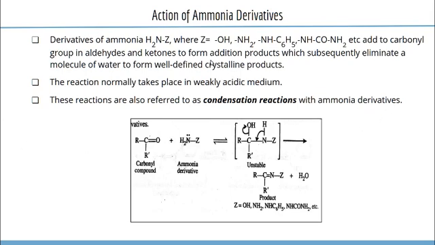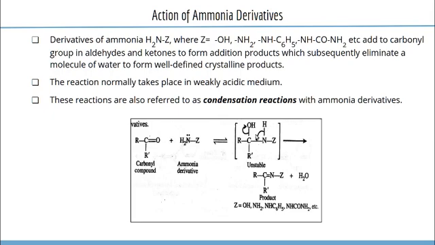These reactions are also referred to as condensation reactions with ammonia derivatives. So we have different types of ammonia derivatives. Carbonyl compounds, on treating with an ammonia derivative, first give an addition product that is really unstable. We have one OH group and one hydrogen atom here.